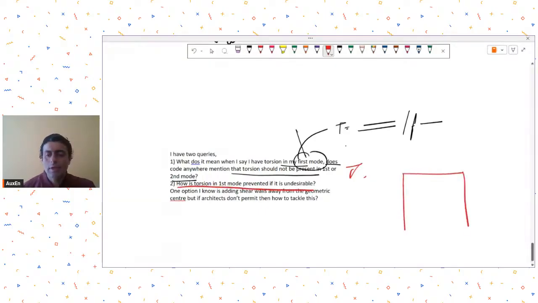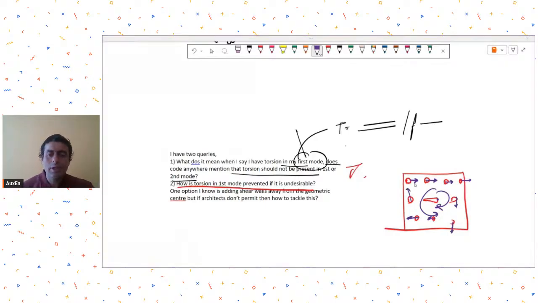If this is your plan view and these are your vertical elements, having the first mode as torsional means that when there is an earthquake and the structure gets excited, its tendency will be to rotate in plan, or oscillate in plan, about its center of rigidity. So what will happen? This will induce large shears in your vertical elements. Do you understand? A torsional mode will induce large shears in your vertical elements.